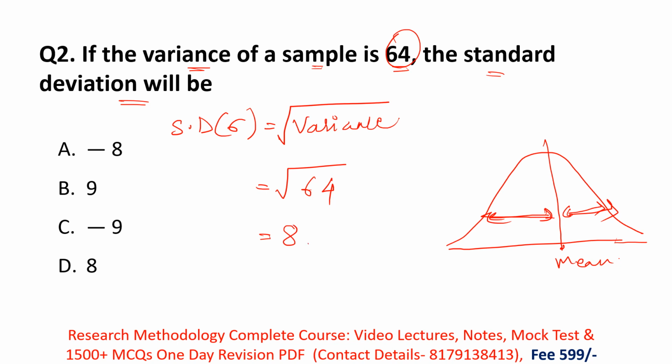You should know the meaning of these terms and the formula. They have already given us the variance, 64, and the square root of 64 is 8. That's why the correct option for this question is option D.